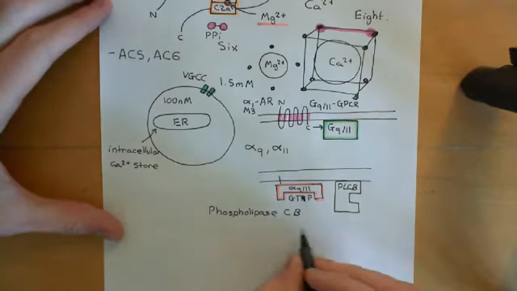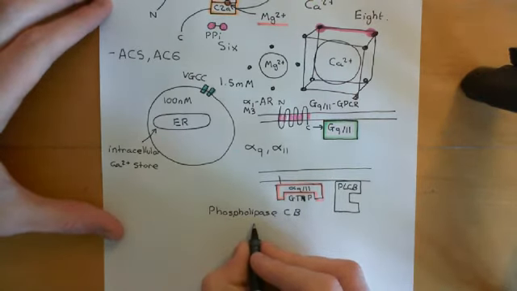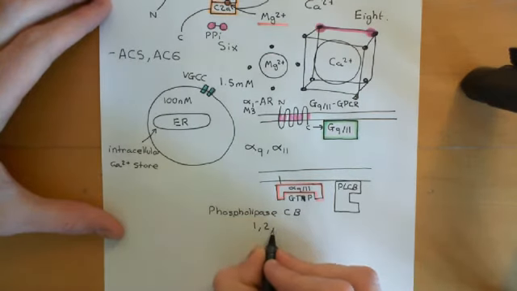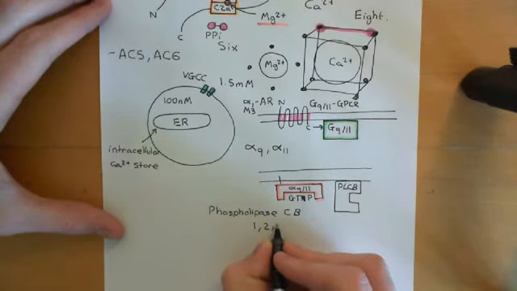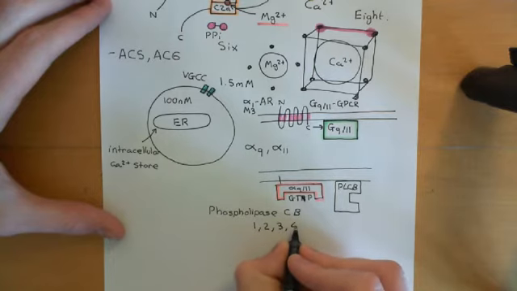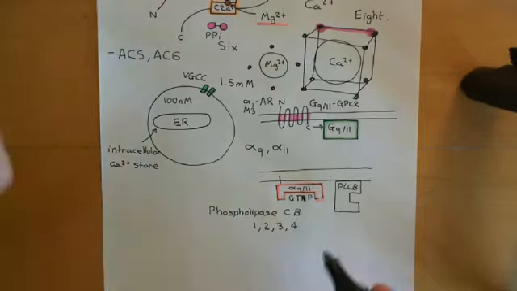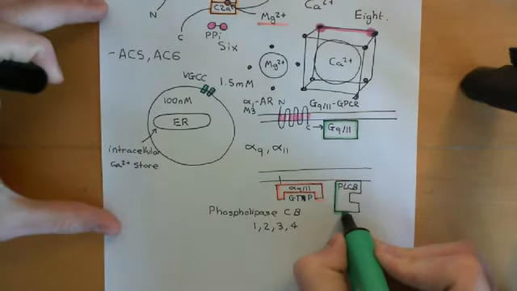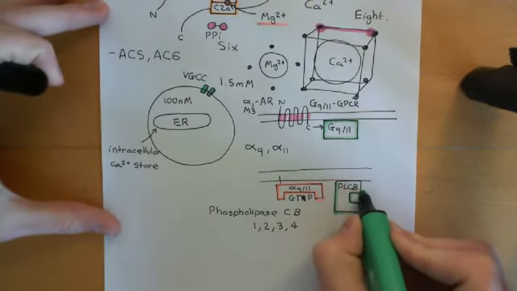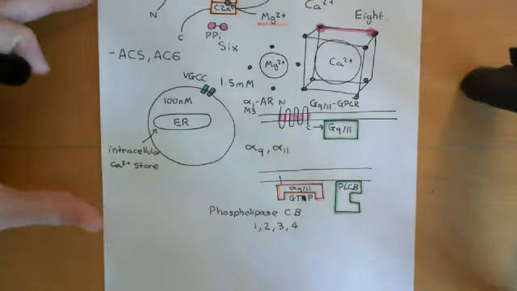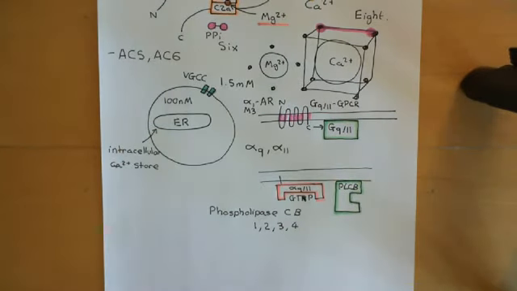There are 4 different genes that code for phospholipase C beta enzymes: phospholipase C beta 1, 2, 3, and 4. But for our purposes they all do exactly the same thing, so we'll just abbreviate them all down to PLC beta.